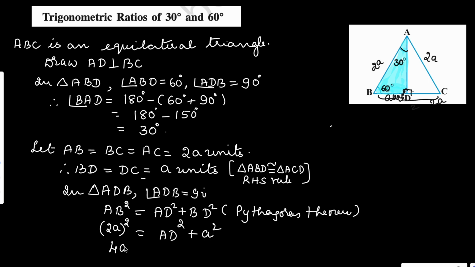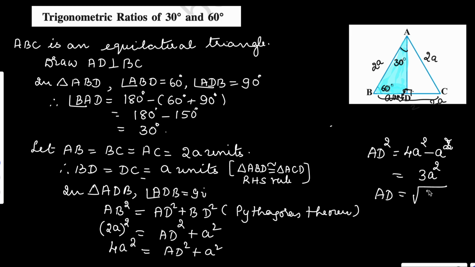So 4A square is equal to AD square plus A square. So AD square is equal to 4A square minus A square, that is 3A square. So AD is equal to root of 3A square. The root of A square is A, so AD is equal to A root 3 units.